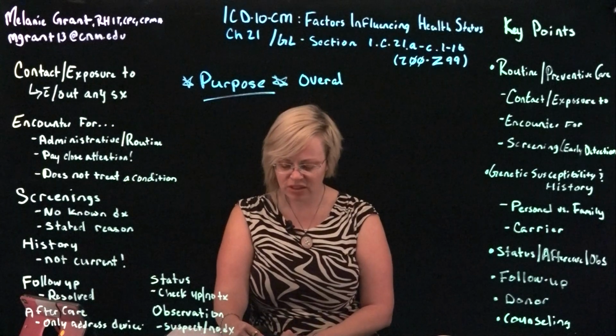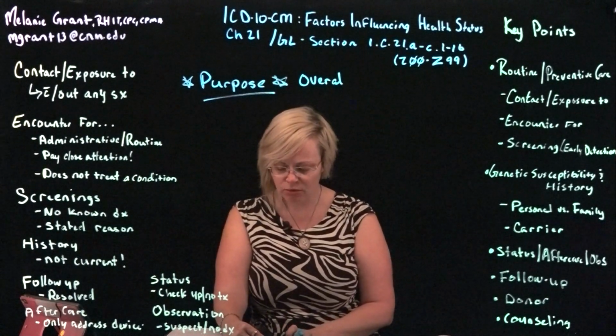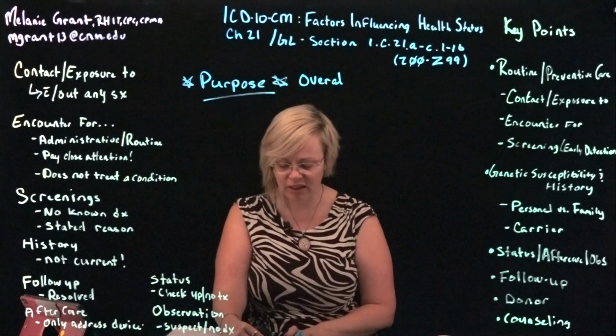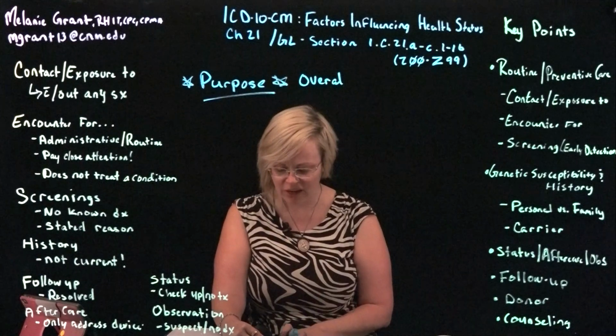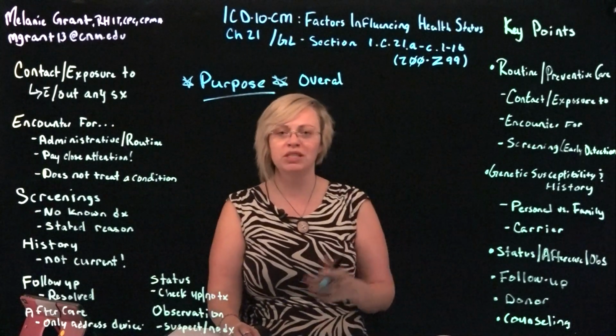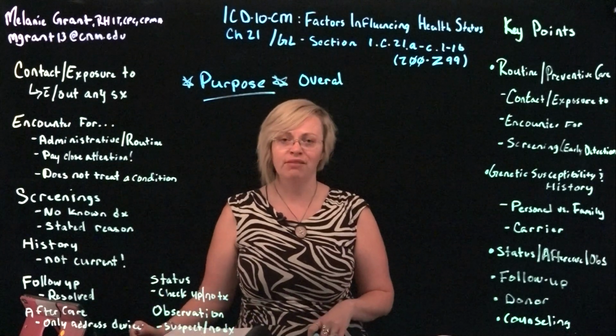Or they may come to the Z code section when a circumstance or problem is present which influences the person's health status, but is not in itself a current illness or injury. So those are things like history conditions or status conditions that the patient may have.